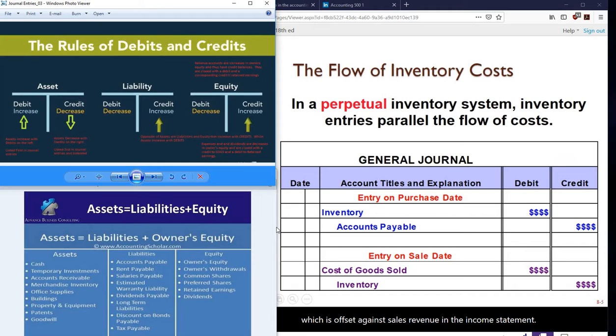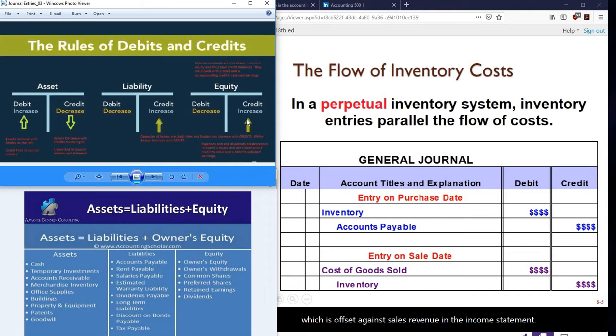The most important thing here is that you realize that on the asset side, an increase is associated with a debit. A decrease on the asset side is associated with a credit. In the opposite vein, equity is completely the opposite of an asset.